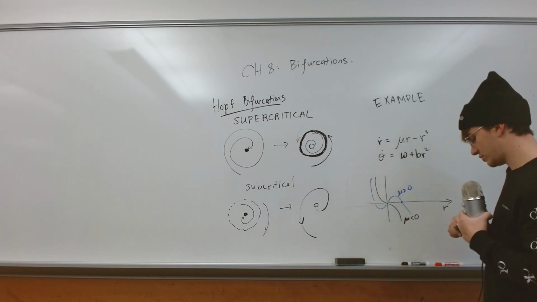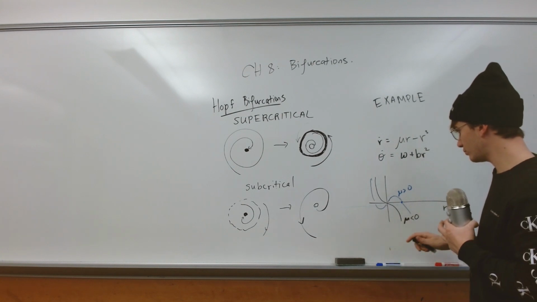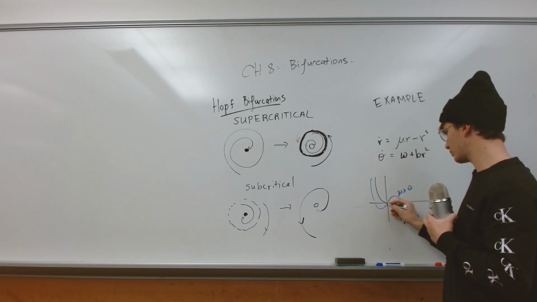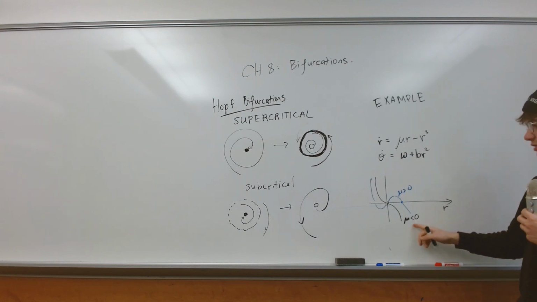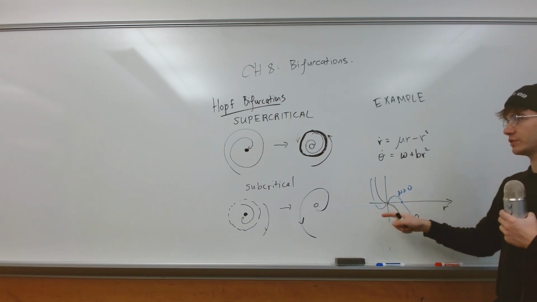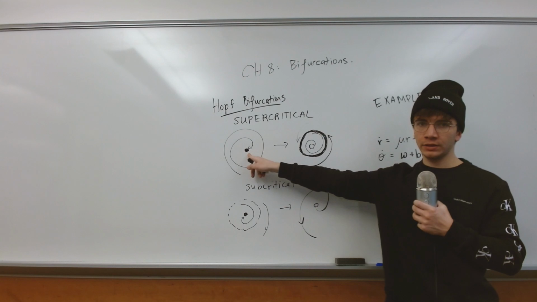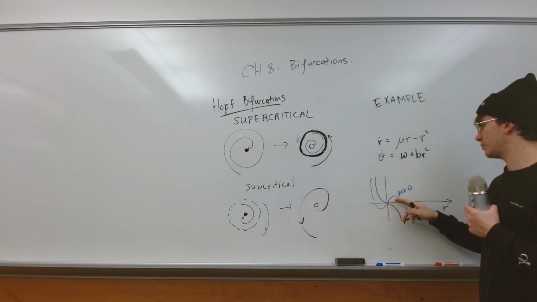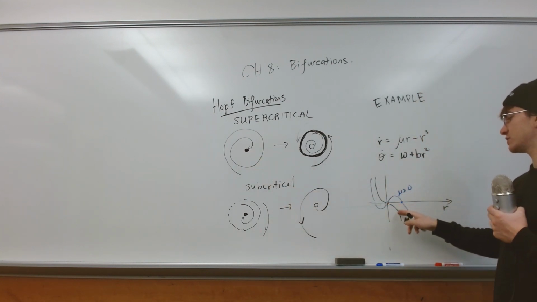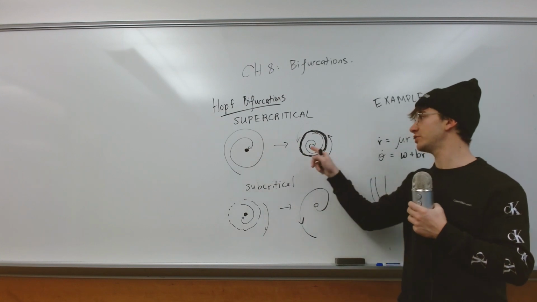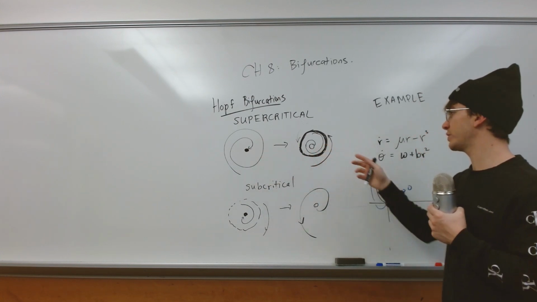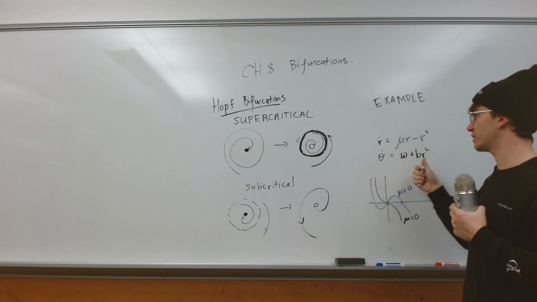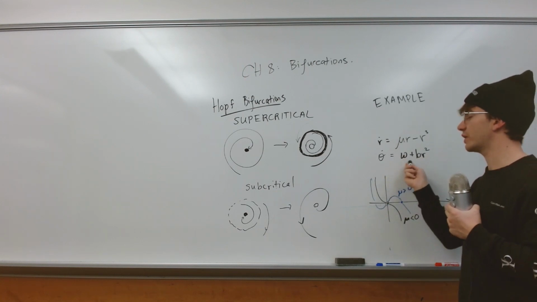In the case where mu is less than 0, the origin is stable, so we have a stable spiral. And when mu becomes greater than 0, all of a sudden the origin changes stability to unstable in the radial direction, but we still have this angular clockwise flow given by omega plus b r squared.